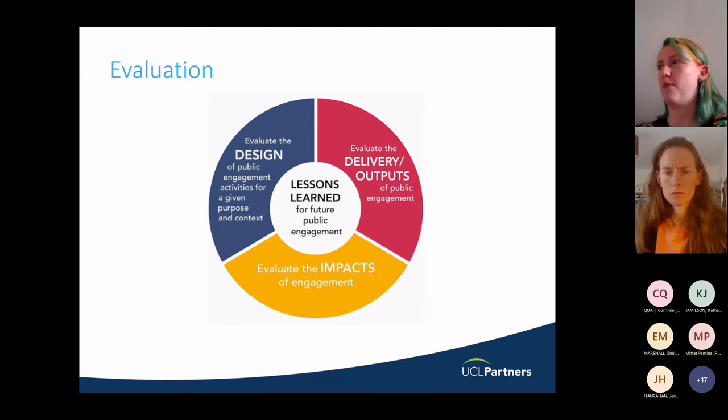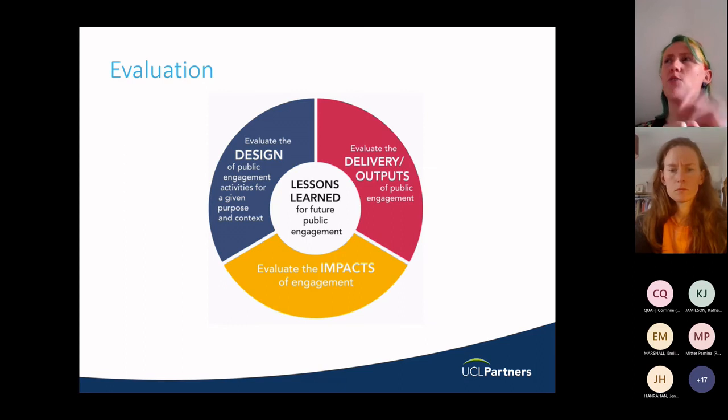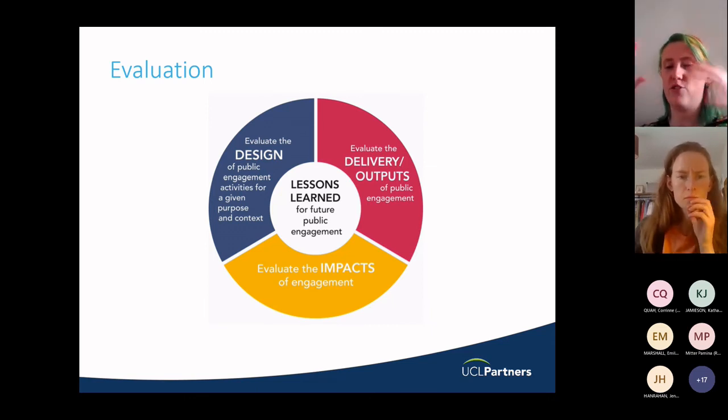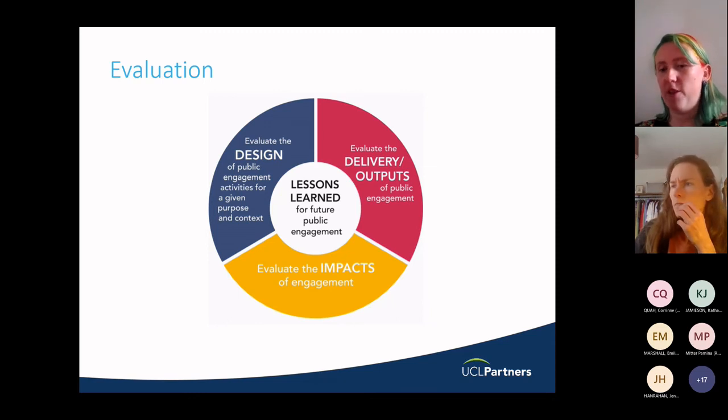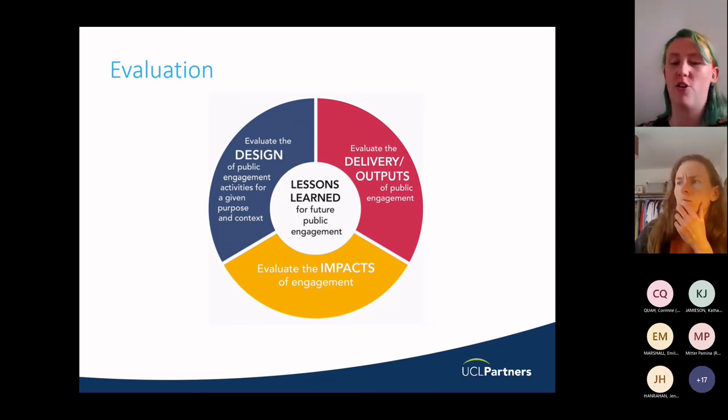And then they get to the end of their program and they suddenly go, oh yeah, so what worked well and what didn't work, and did we actually achieve what we set out? And then they're all like, oh no, and then they scrabble around and try and figure out how best to work out what they've done from what they can remember and all this scattershot of data. So don't do that. Think about evaluation at the start to give yourself some space and time.